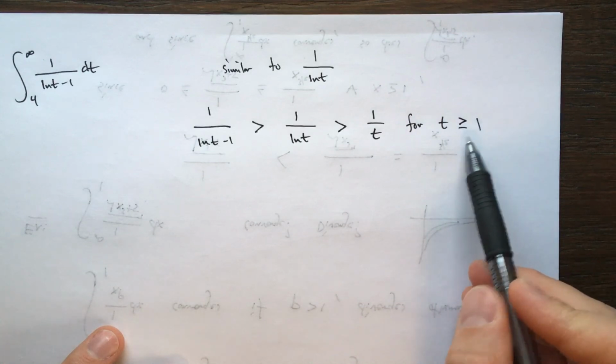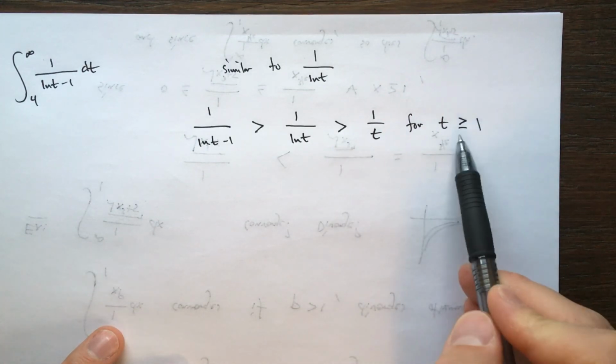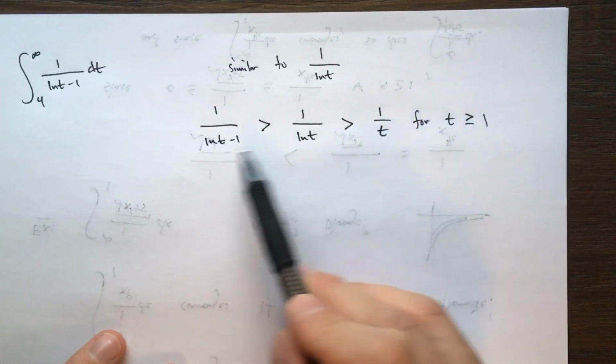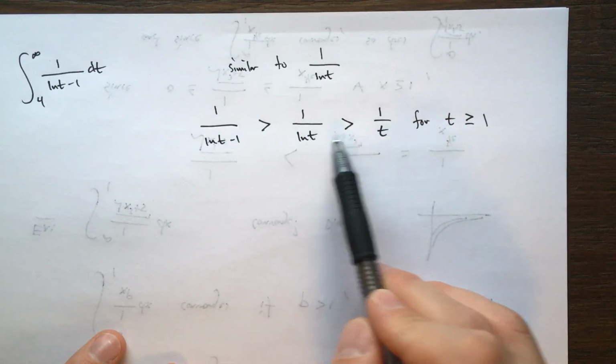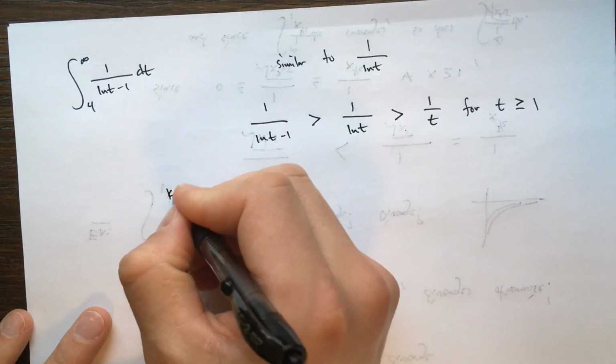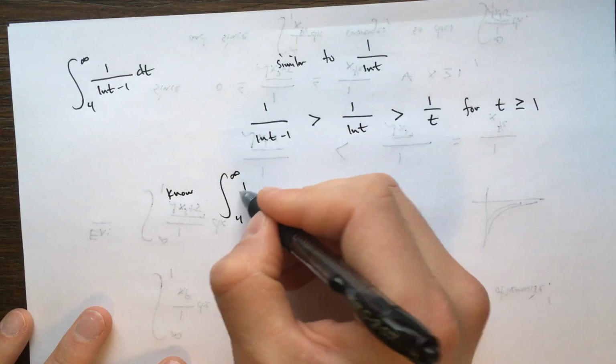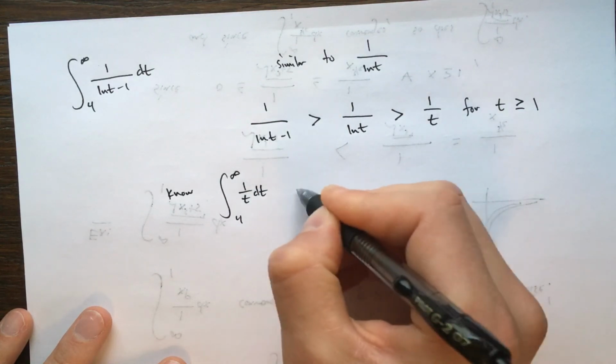So is that true? ln of 1 is 0? Yes, that's true. t is greater than or equal to 1. I'm pretty sure that's true. So basically what we have is this bigger than this, bigger than this. And what we know is that the integral from 4 to infinity of 1 over t dt diverges.